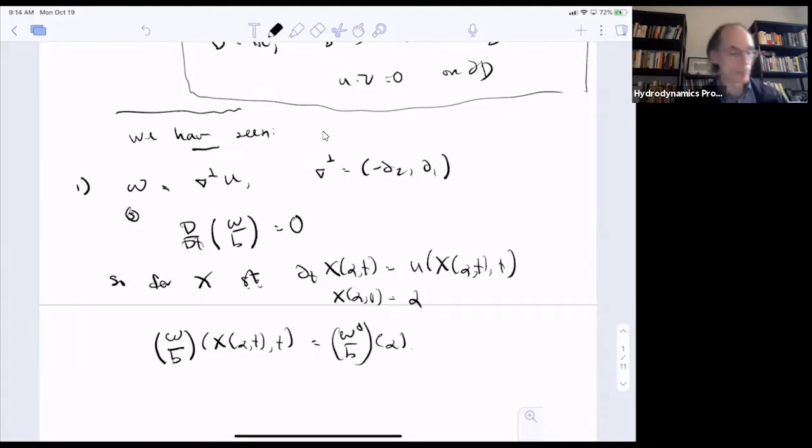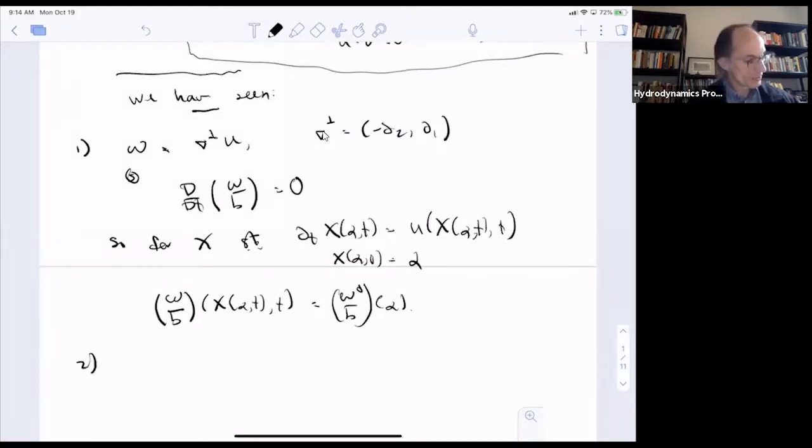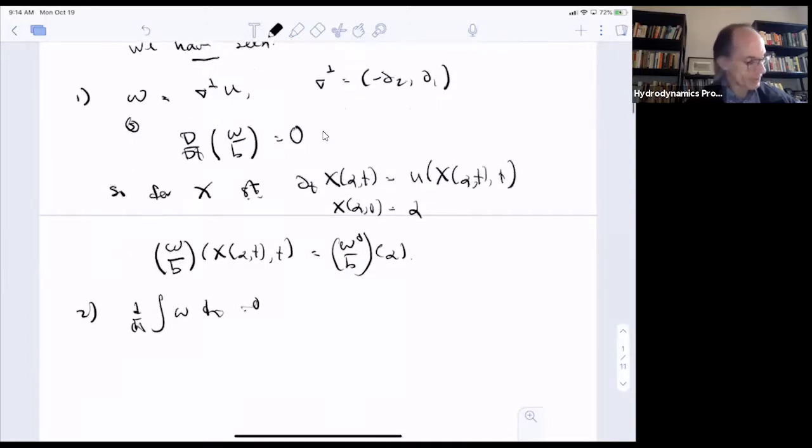Note b is independent of time. We also saw that there's a conserved energy, if, as usual, we assume sufficient decay for this.